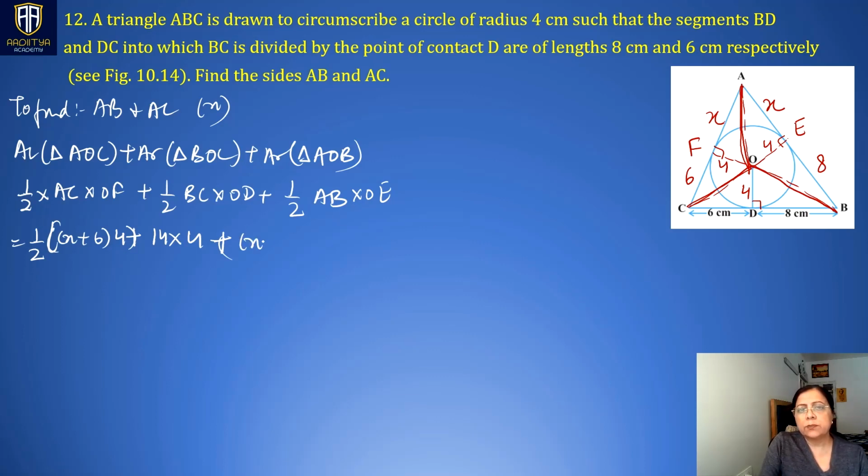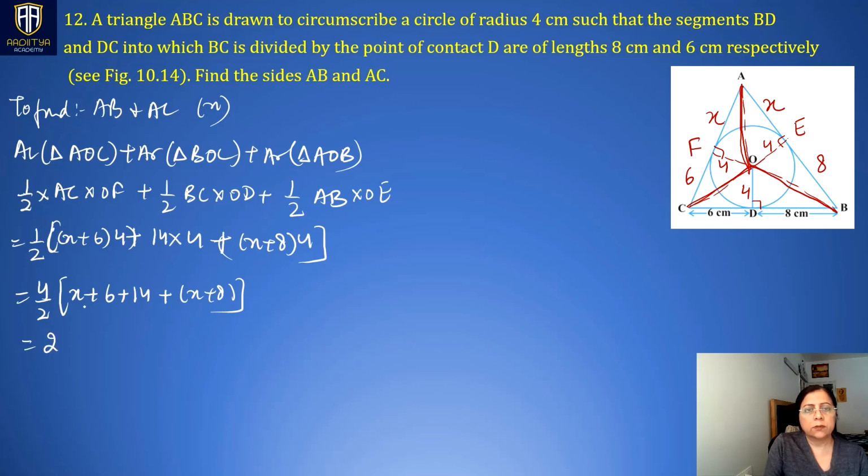AB is X plus 8 multiplied by the radius which is 4. Now you can see that 4 is also common to this. We can take out 4. 2 is also common in the denominator. So we are left with X plus 6 plus 14 plus X plus 8. So this is 2 times X plus X, in bracket we have 2X plus 14 plus 6, 20, 28.